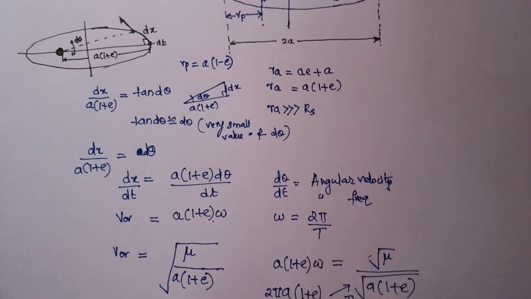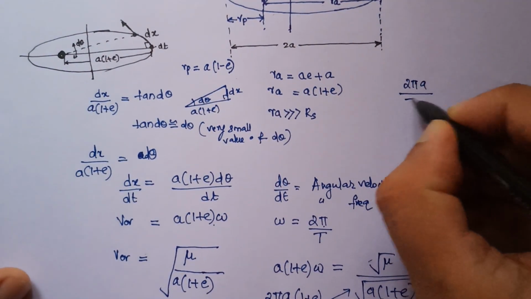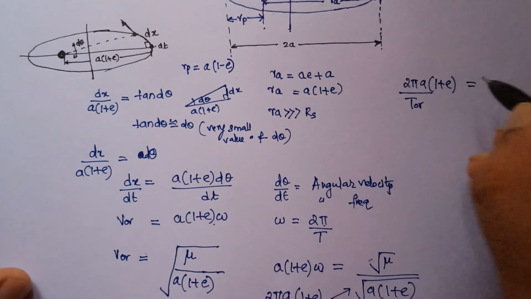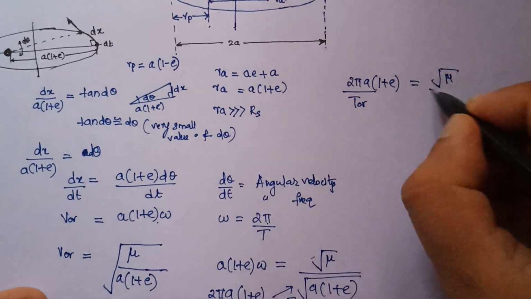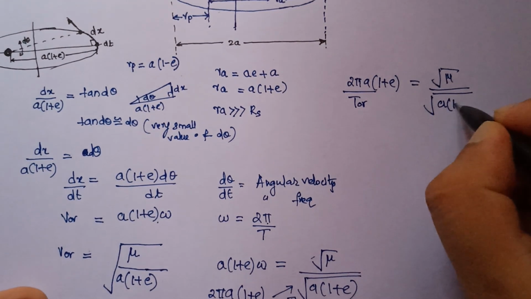We'll write it neatly again: 2 pi a divided by T orbital into 1 plus e should be equal to root of mu, which is the gravitational parameter, under root of a into 1 plus e.